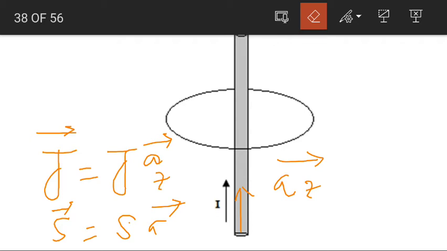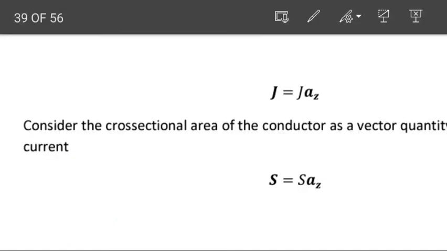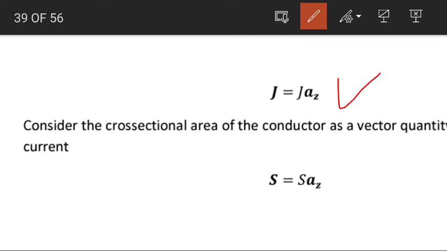S Az is the cross-sectional area of this conductor in the form of a vector quantity. So we consider the current density as a vector quantity.